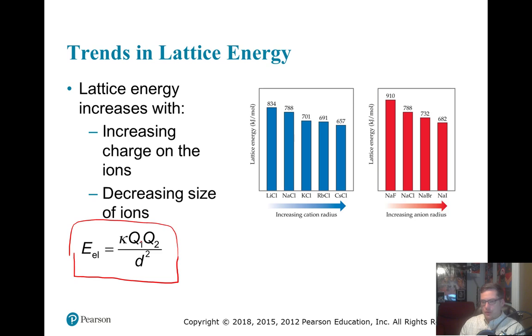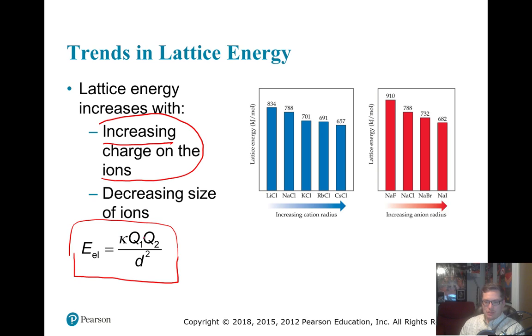All right, but really we don't care that much about actually calculating it. We do use this formula a couple of times, but really it's more important to be able to predict trends. All right, so a couple of trends we need to pay attention to. As the charge increases, we get an increasing lattice energy.